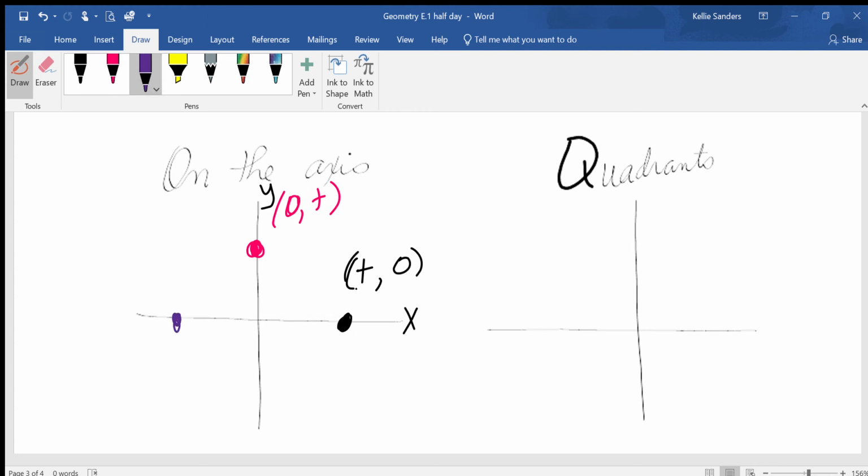If it's here, our first number was negative, second number is 0, and if we go here, our first number is 0 and our second number is negative. Now positive and negative. What does negative mean?